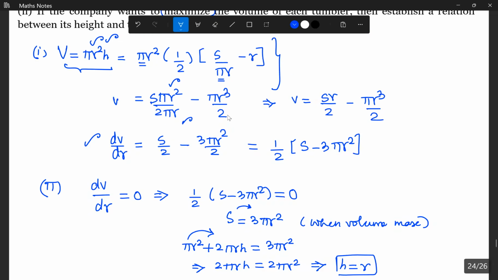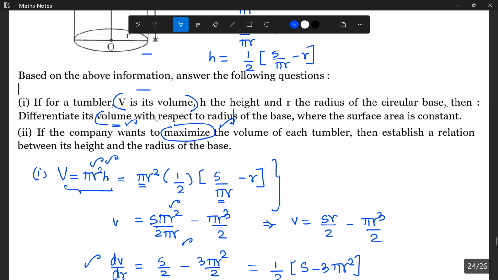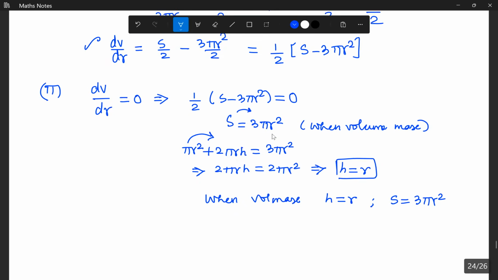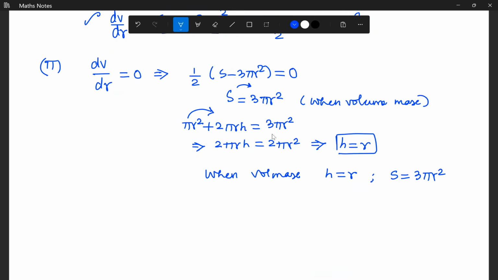We need to find what is the maximum volume. The company wants to maximize the volume of each tumbler. One answer we have already done, which is to establish a relation between the height and the radius. We're going that extra bit, which is V is equal to what is the maximum possible volume when the height and radius are equal and surface area is equal to 3 pi r square.